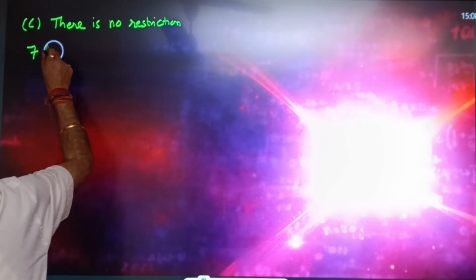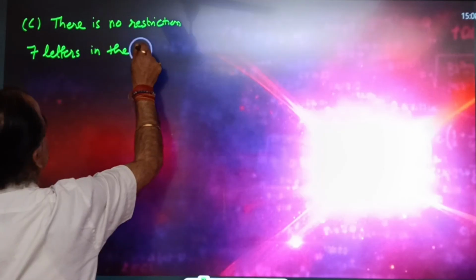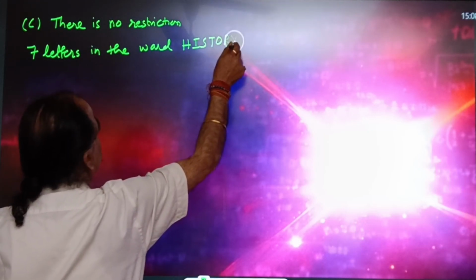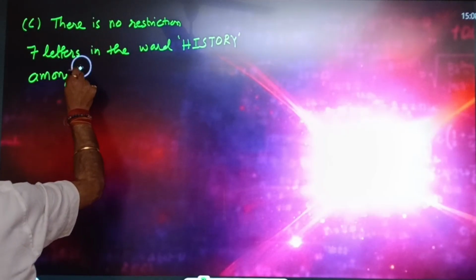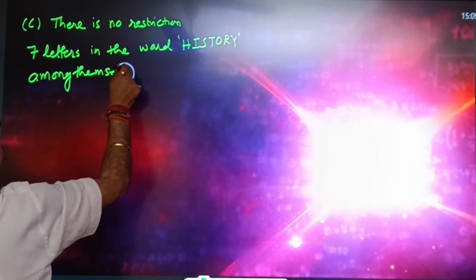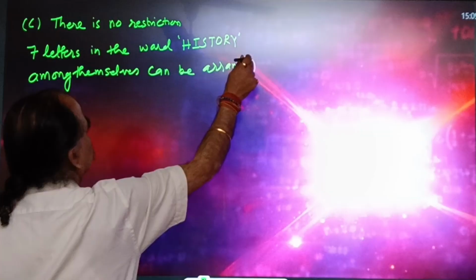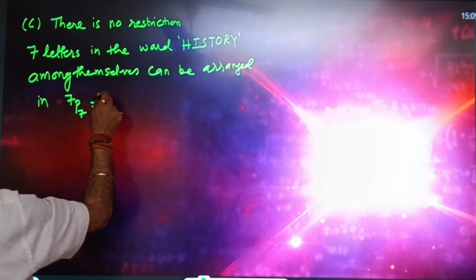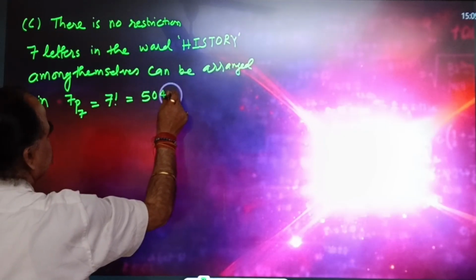Seven letters in the word HISTORY among themselves can be arranged in 7P7, 7 factorial, which is equal to 5040 ways.